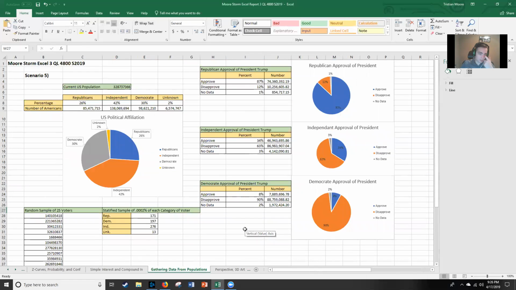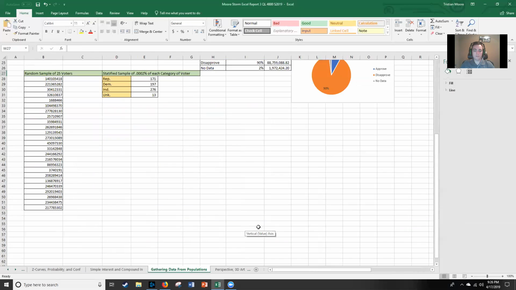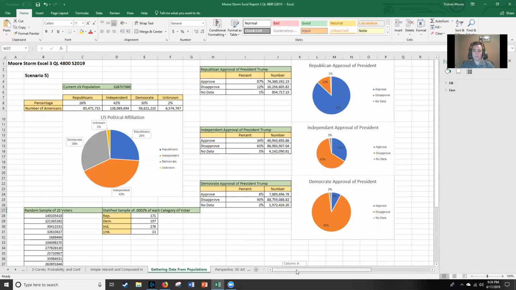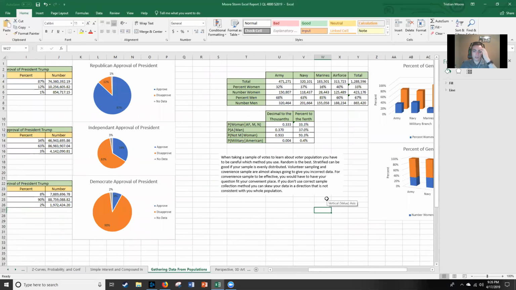All right, finally, scenario number 5, gathering data from populations. When taking a sample of votes to learn about voter population, you have to be careful which method you use. Random is best. Stratified can be good if your sample is evenly distributed.